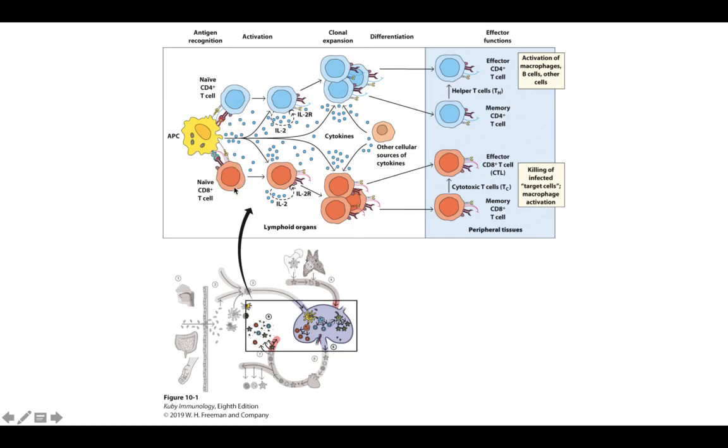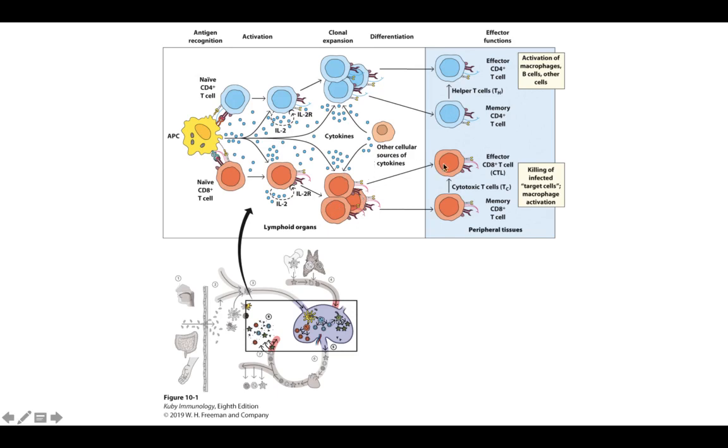CD8 positive T cells will bind antigen presented in MHC class I to their T cell receptor, and with co-stimulation they will be activated along with the help of cytokines that come from the activated T helper cells. They can make some IL-2, but the cytokines from the activated CD4 positive cell will help further promote this CD8 positive T cell.